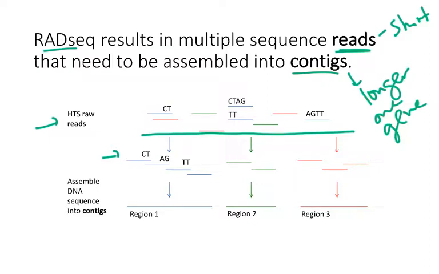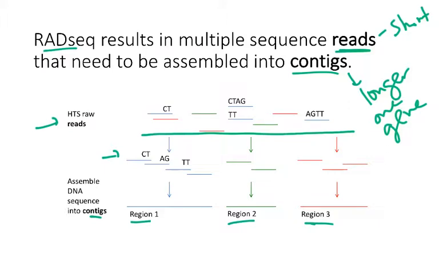You're figuring out where these short reads overlap and then collapsing that into single sequences representative of these different regions of the genome. So these contigs are, again, those longer sequences that you're reconstructing from those shorter reads.